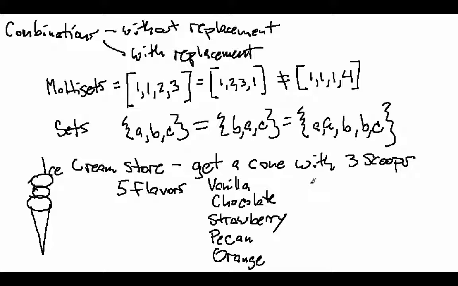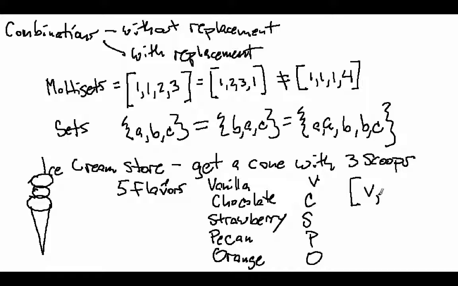I hope this works out so we could have V and C and S and P and O. And the idea is that you go into the store, you want to get an ice cream cone, and you tell the person working there that you want an ice cream cone with 2 scoops of vanilla and 1 scoop of chocolate. Okay, so in other words, that might look like this.